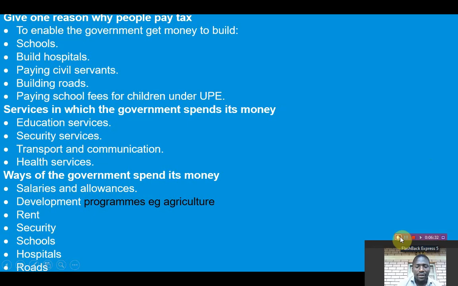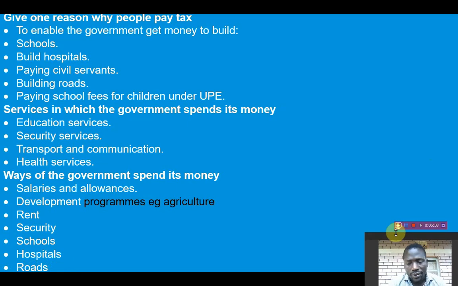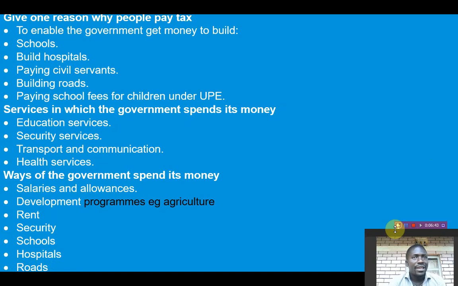They are also paid from that little money you pay as tax. So we encourage Ugandans and all citizens, wherever you are, if you are asked to pay tax, please pay tax. That money pays fees for the children who are under UPE and USE, among others.